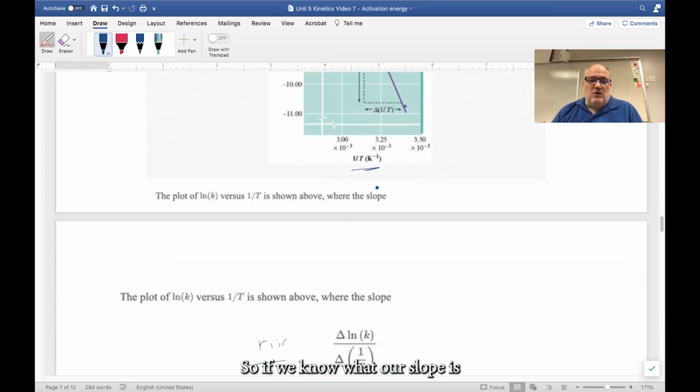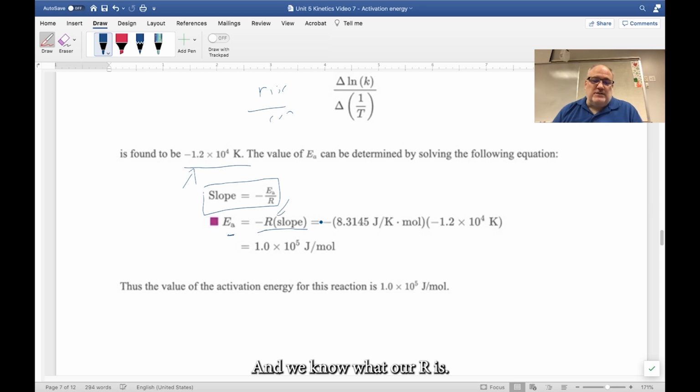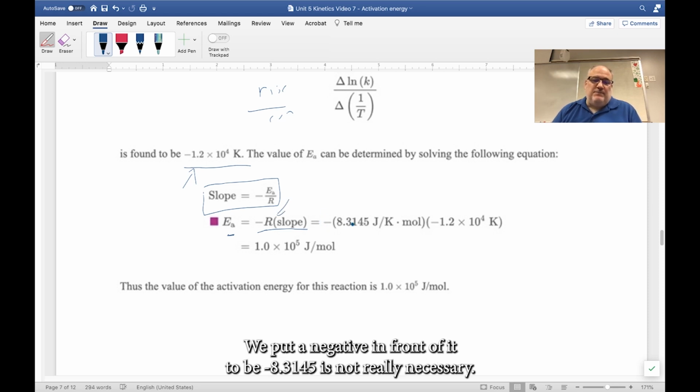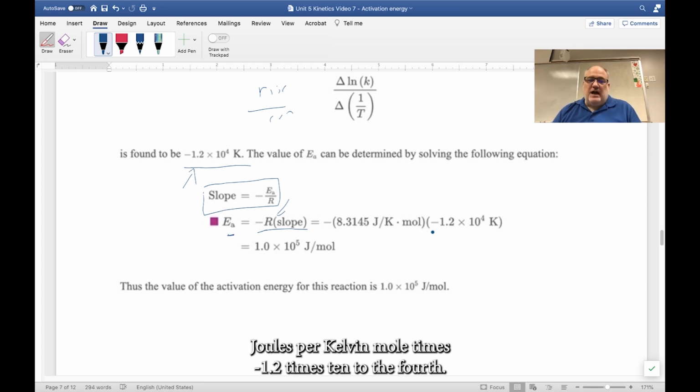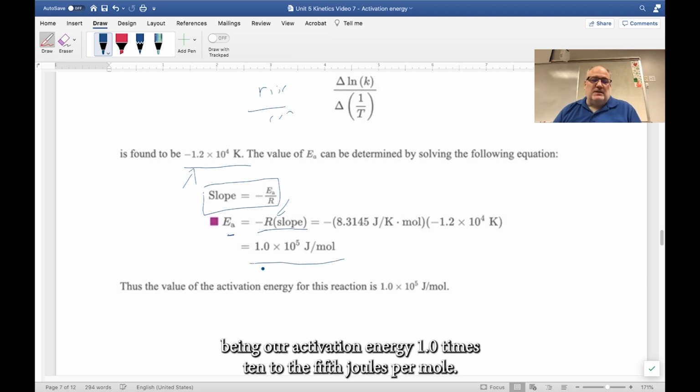So if we know our slope, which we do from our equation, 1.2 times 10 to the 4th, and we know our R, we put a negative in front of it: negative 8.31 joules per Kelvin mole times negative 1.2 times 10 to the 4th. The two negatives cancel out, and this ends up being our activation energy, 1.0 times 10 to the 5th joules per mole.